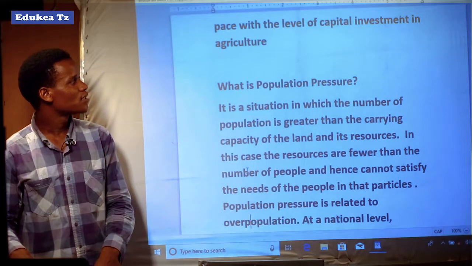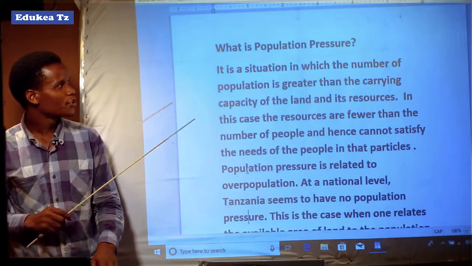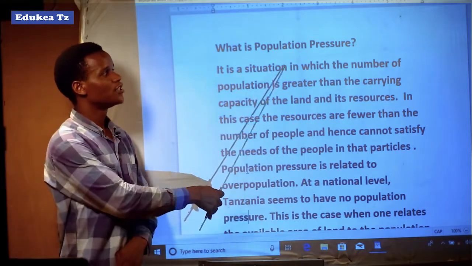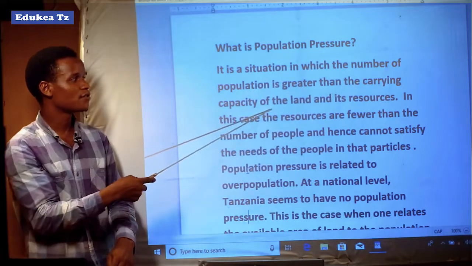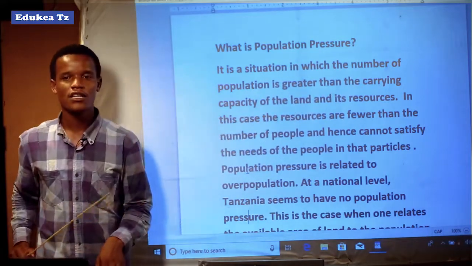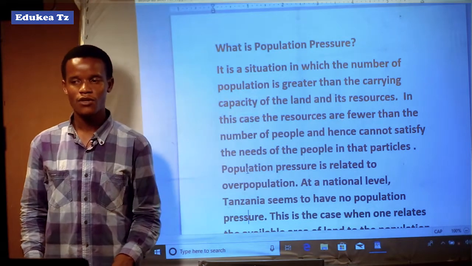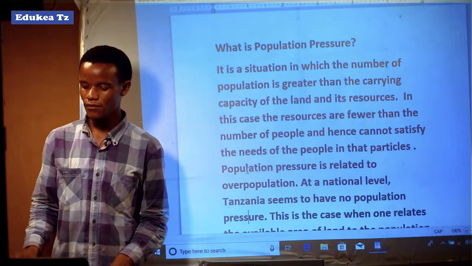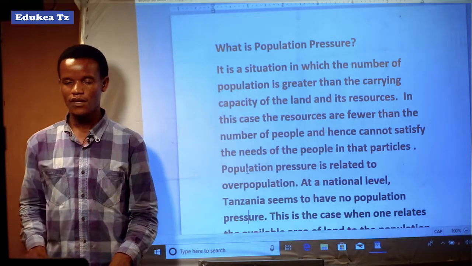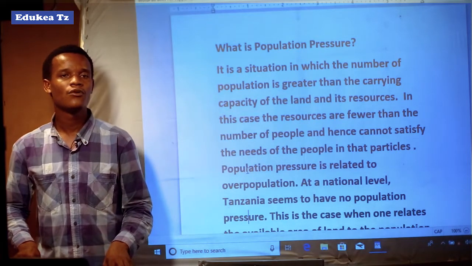Let us now see what population pressure is. Population pressure is a situation in which the number of people is greater than the carrying capacity of the land and its resources. Here we look at the relationship between population and the available resources within a certain place. There are places that have a high population compared to the available resources.